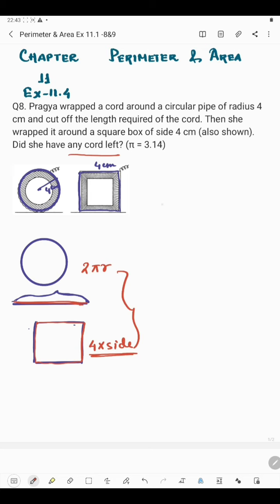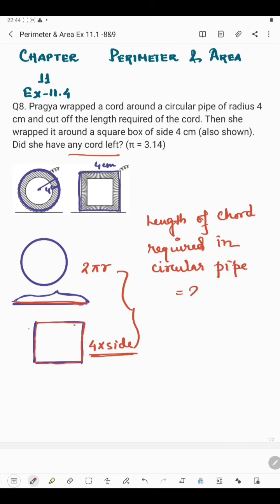So at first we will find the length of the cord required in the circular pipe, which is 2 pi r. Now pi is 3.14.